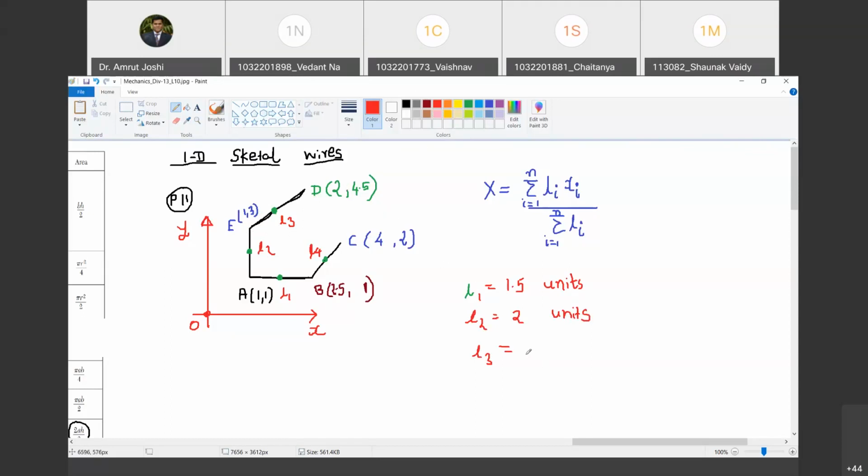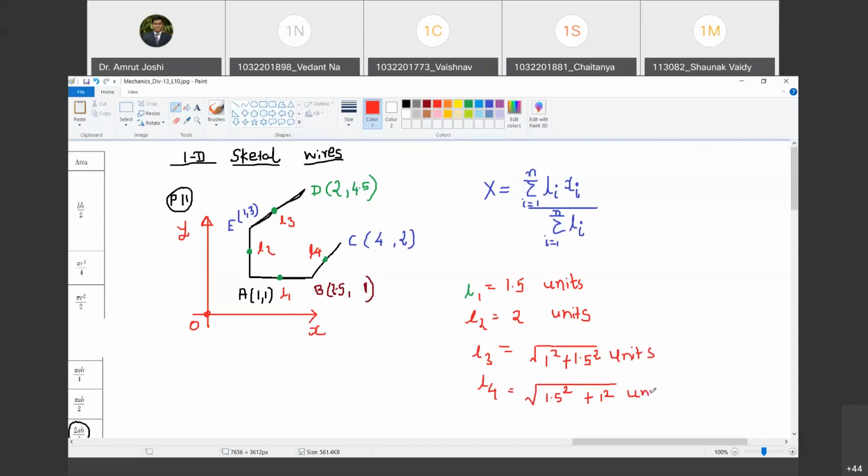So it is going to be square root of 1 square plus 1.5 square. I have applied distance formula in my mind. So this is units. How much is L4 now? It's square root of 1.5 square plus 1 square. Okay.